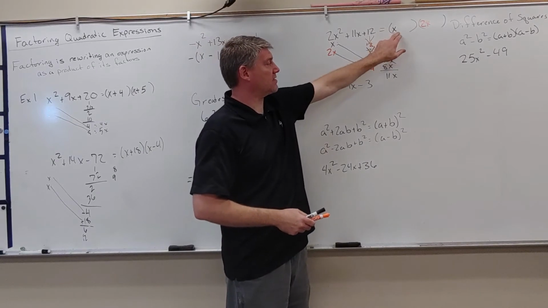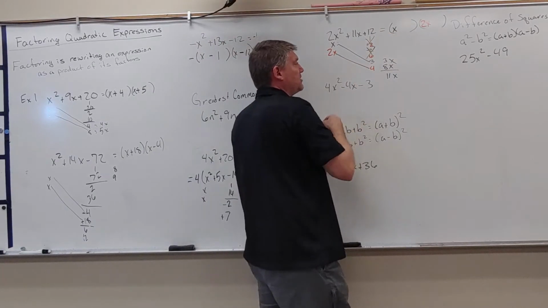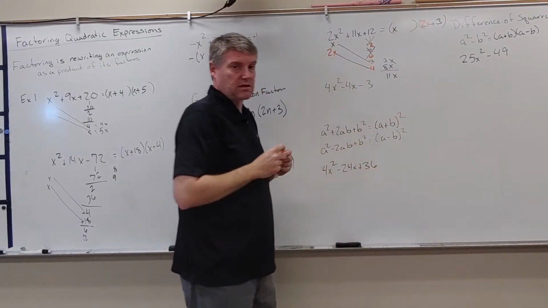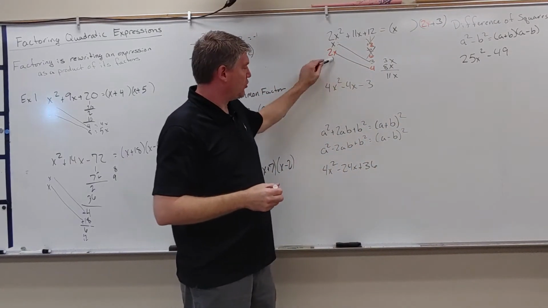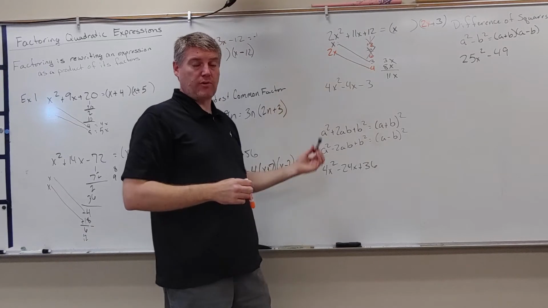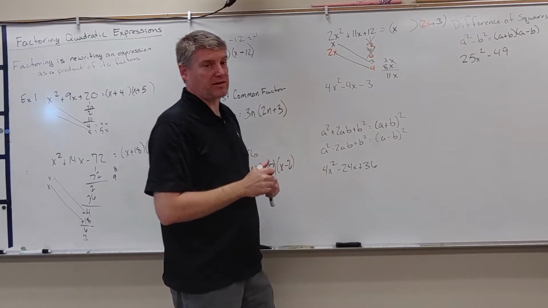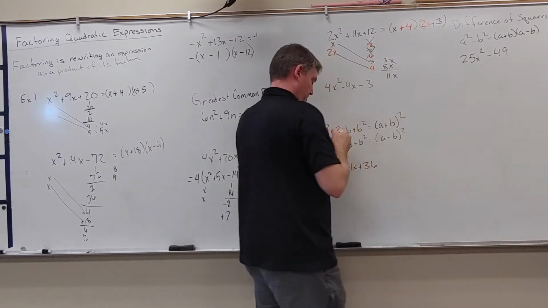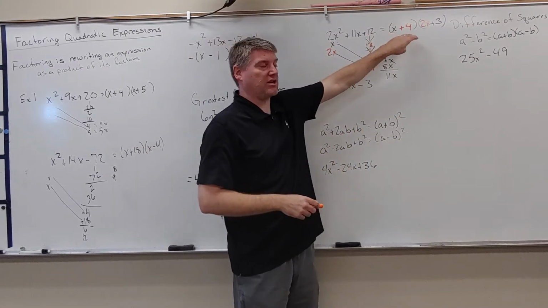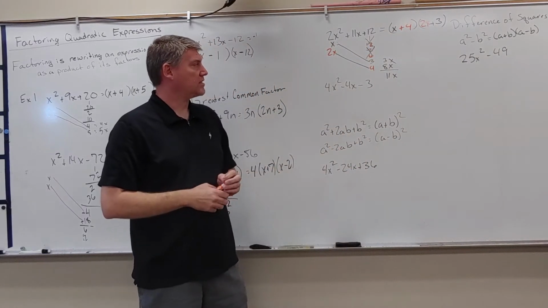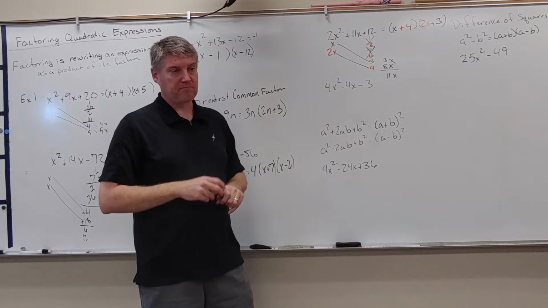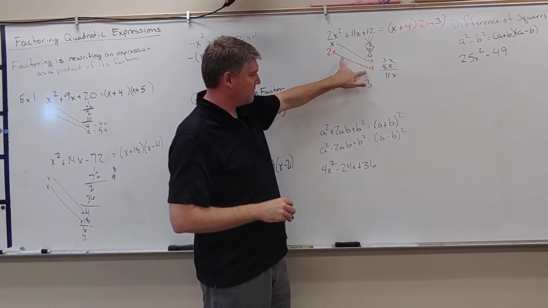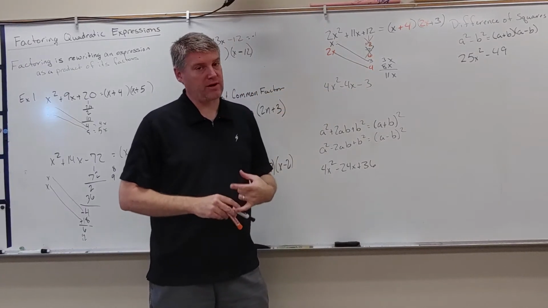So if x is in this first parentheses, that forces 3 to be in the second parentheses. 2x is multiplying 4, so 2x and 4 cannot be in the same parentheses. So that forces this to be a 4. There's my factored expression: x plus 4 times 2x plus 3.